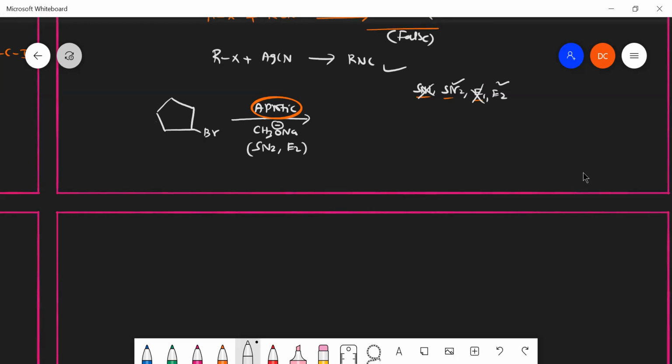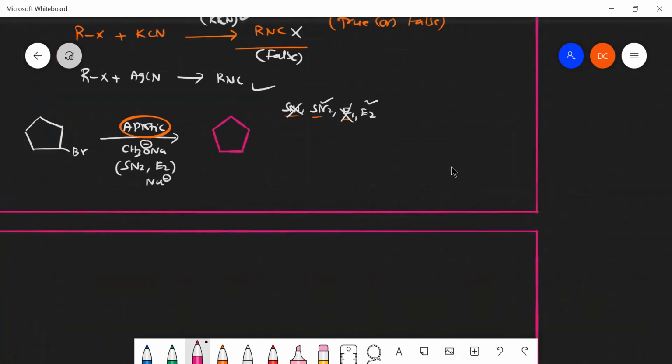Suppose CH3O minus acts as a nucleophile, then what will it do? What kind of product can I get from here? See here, what is the role of a nucleophile?